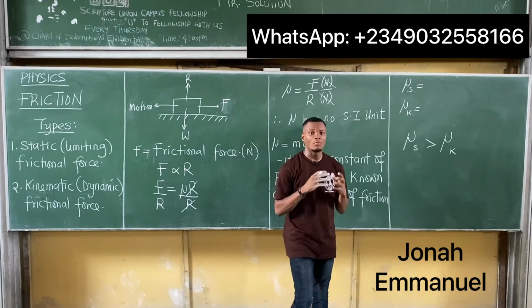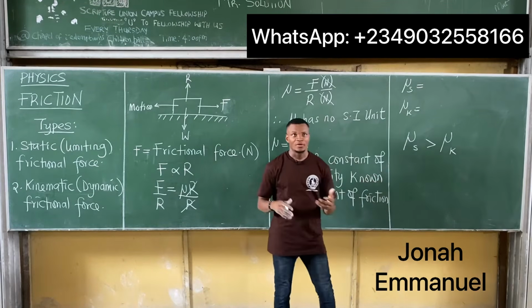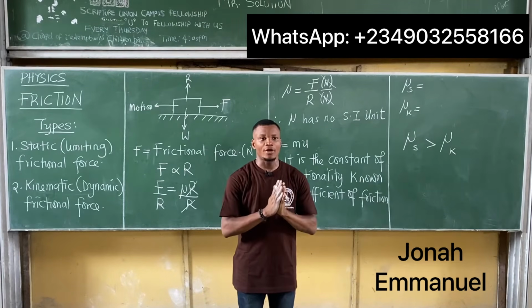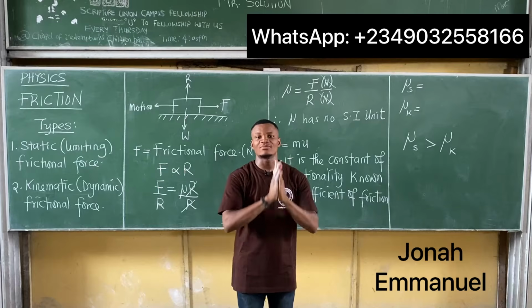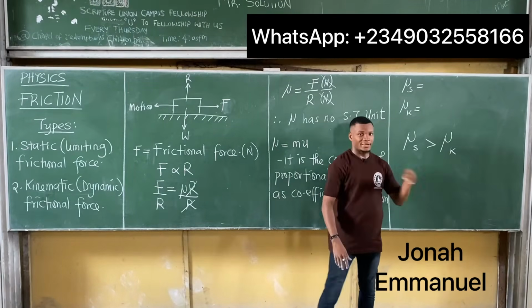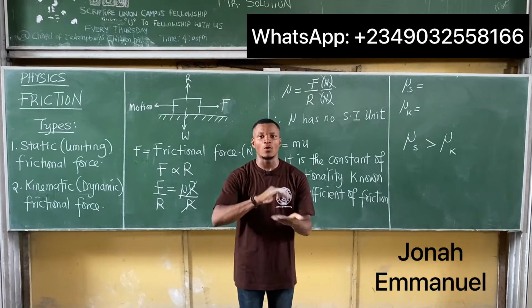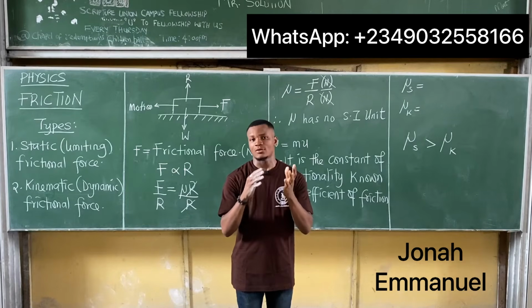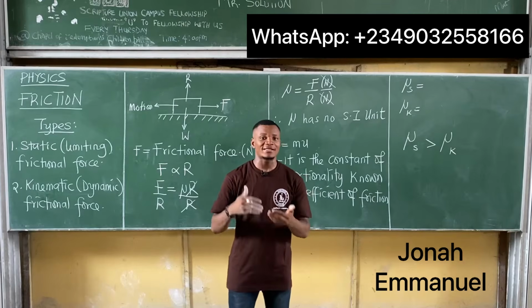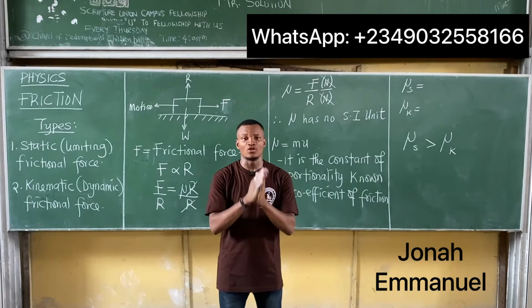This is because for static friction, it is the maximum force that must be overcome before a body can start moving over another body, while kinematic friction is the force that must be overcome for a body to move with uniform speed. It's quite obvious that more force is required for a body to start moving than to keep a body at uniform speed.